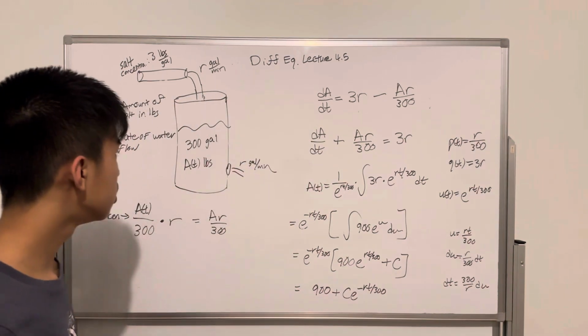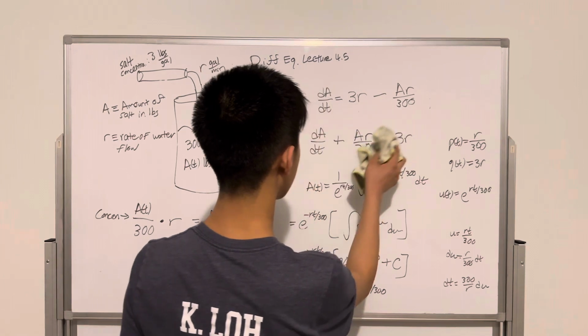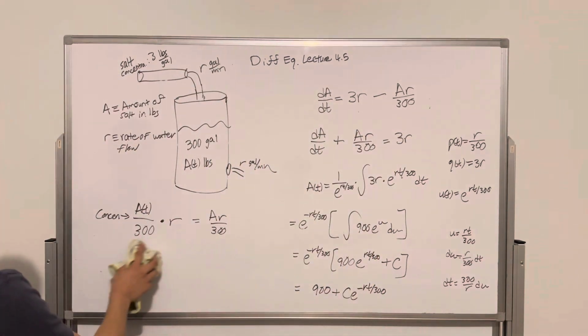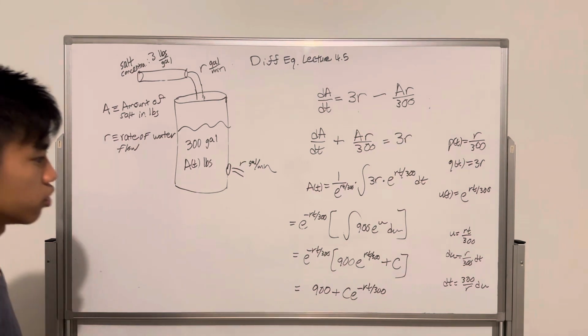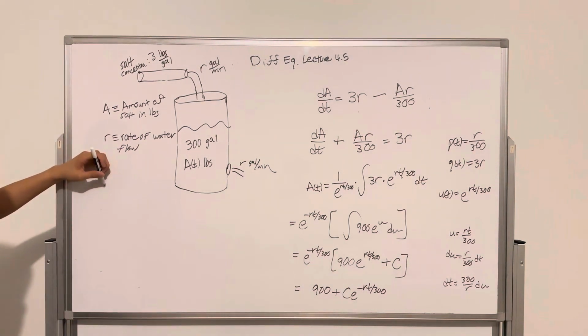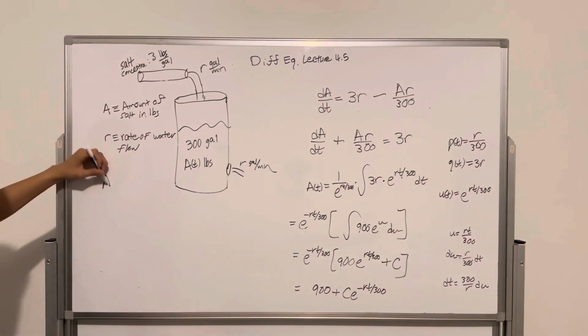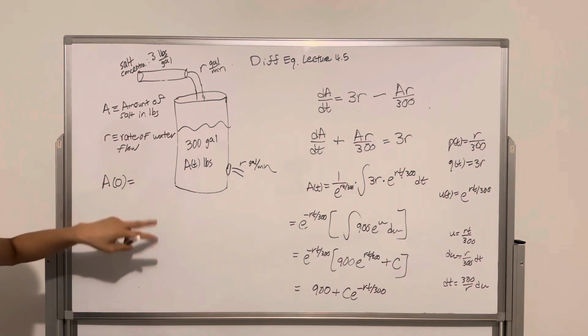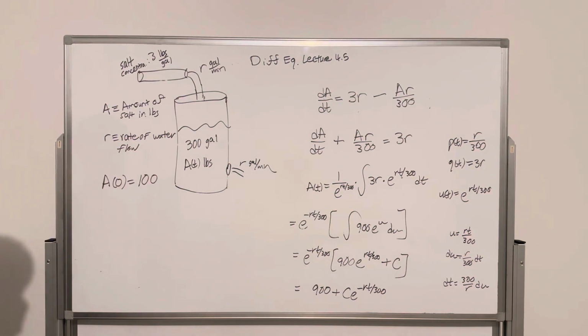Now, we can use initial values if I just assign some initial values right here. So let's say our initial value: when t is 0, there's initially, I don't know, 100 pounds of salt in here.